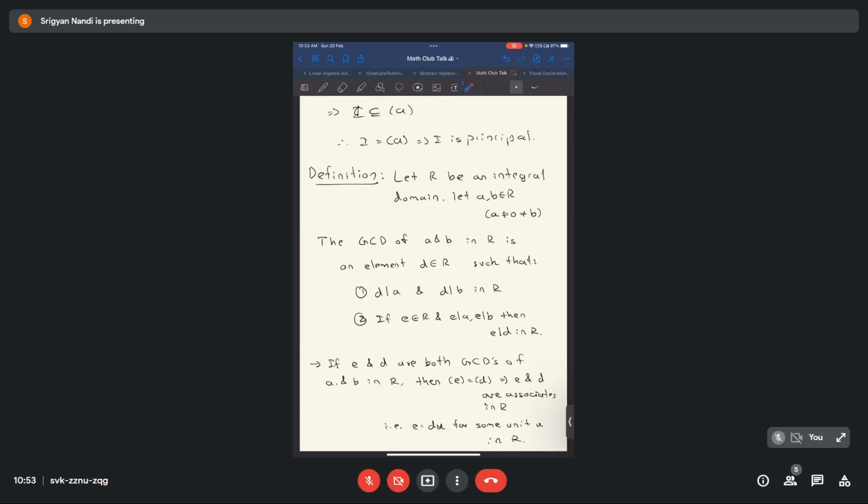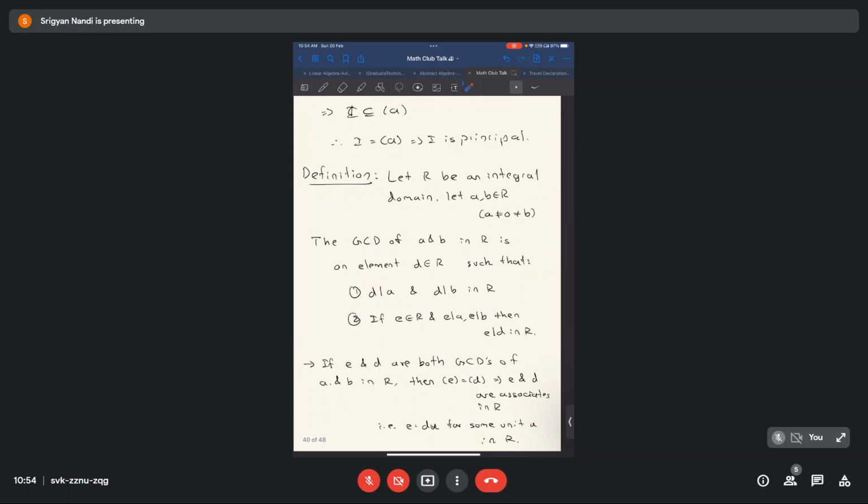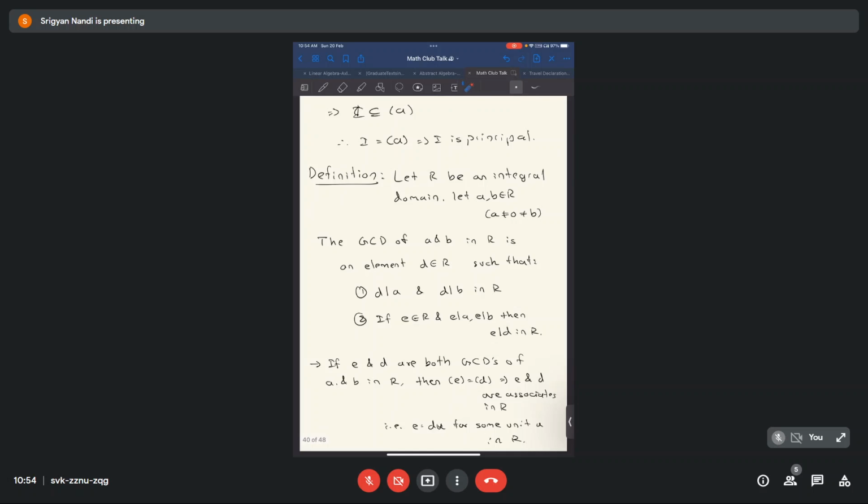In fact, one is just a unit times the other one. This allows them to share many of the similar properties that we might expect if we have more than one greatest common divisor in R.